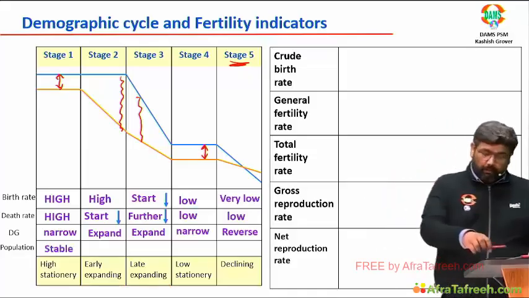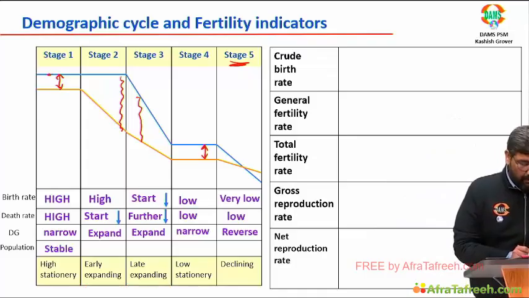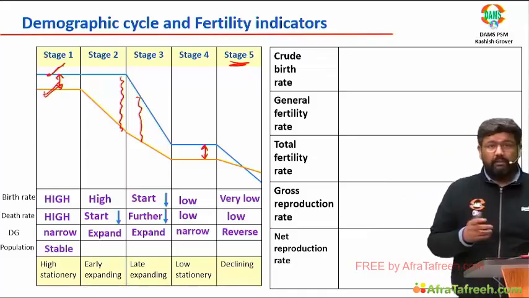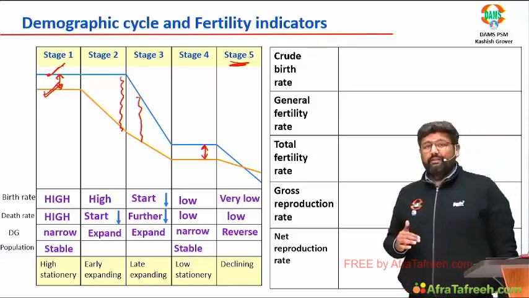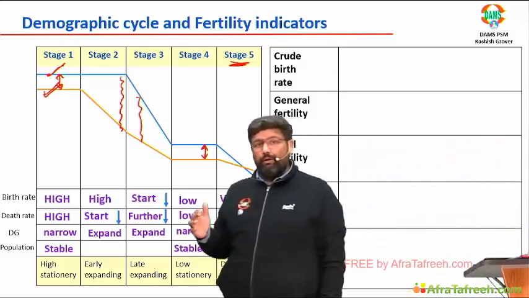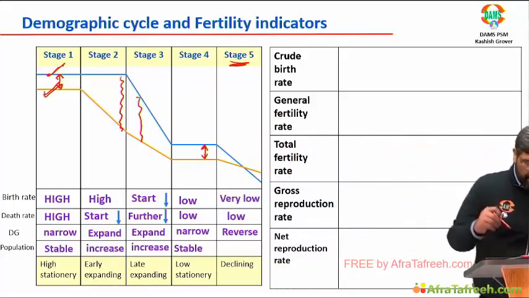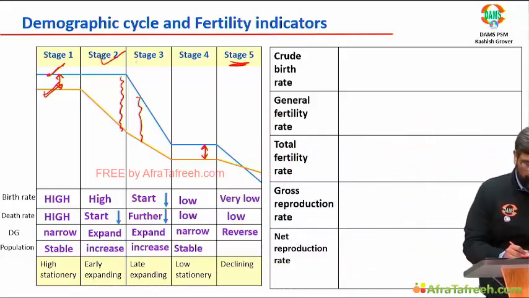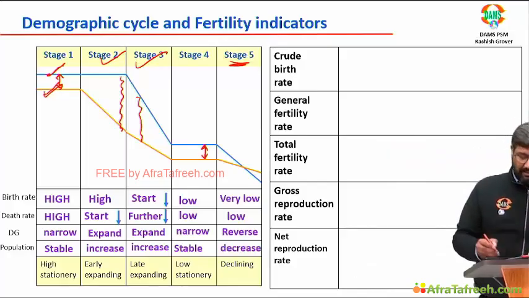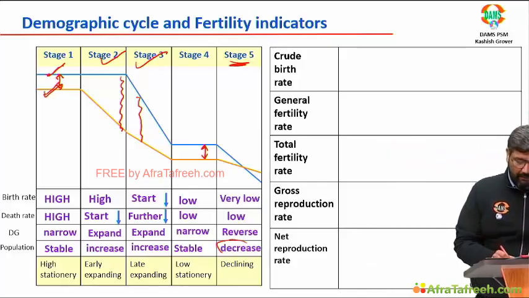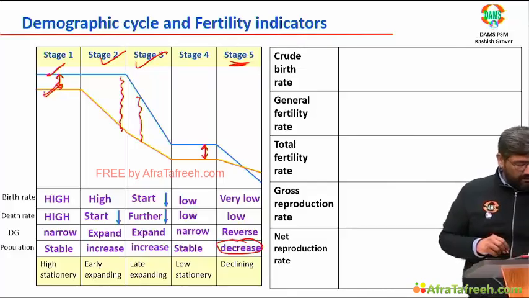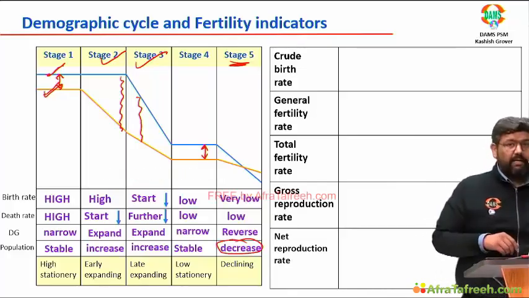Now when the gap, more people taking birth, more people dying, the population is stable. Stage 4, the population will be stable, but population will increase in these 2, and the population will start decreasing, right?